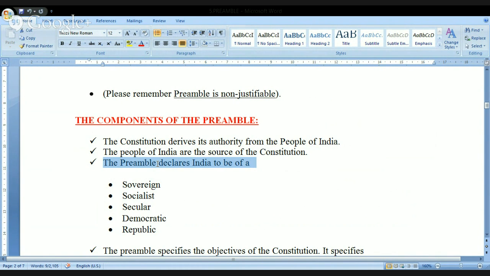So the preamble itself is declaring that India is sovereign, socialist, secular, democratic, and a republic. We'll try to understand each and every word now.